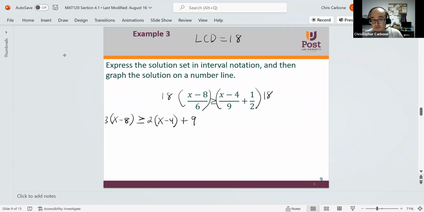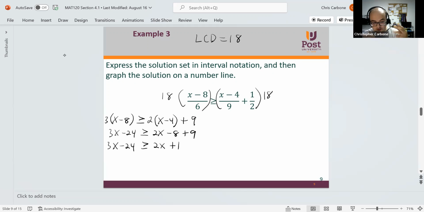And then distributing to simplify this a bit, 3x minus 24 is greater than or equal to 2x minus 8 plus 9. We can combine like terms there on the right. This is 3x minus 24 is greater than or equal to 2x plus 1.